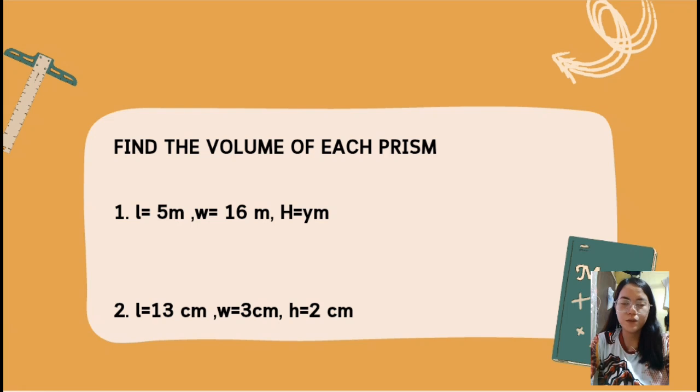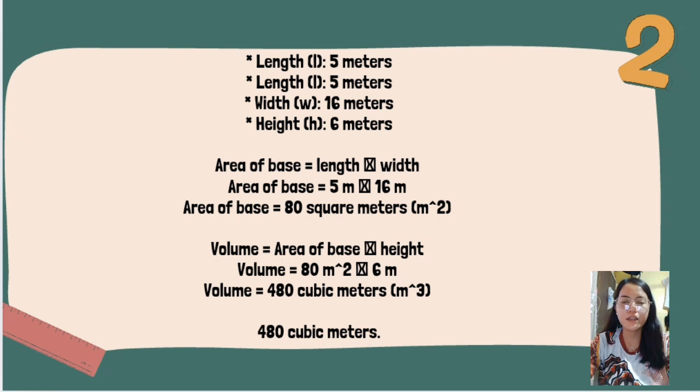For our problem number 1, length is equal to 5 meters, width is equal to 16 meters, and height is 6 meters. To find the volume, we first calculate the area of the base. Area of base is equal to length times width.